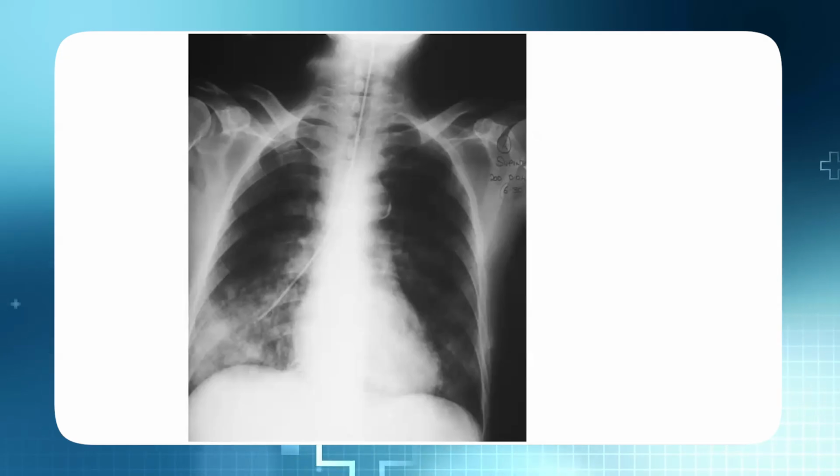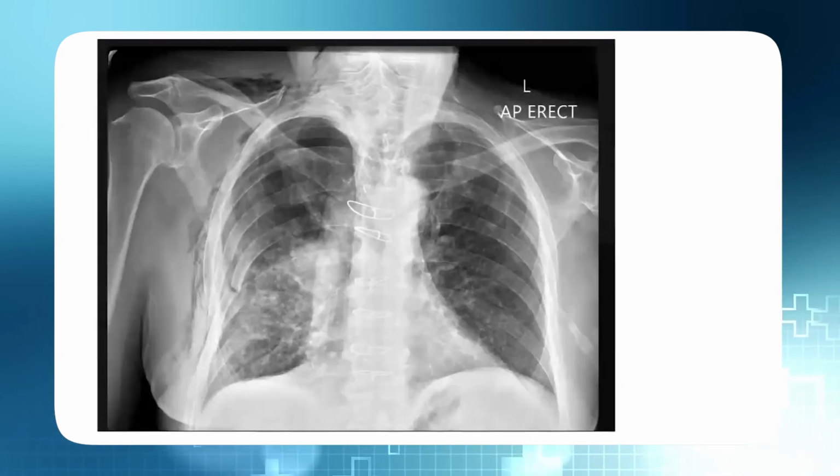Anything else you are seeing here? The tube is going on the right side, the right bronchus, and aspiration pneumonia will be there. Yes sir, and there is calcification on the aortic knuckle. Aortic knuckle calcification. Yeah.